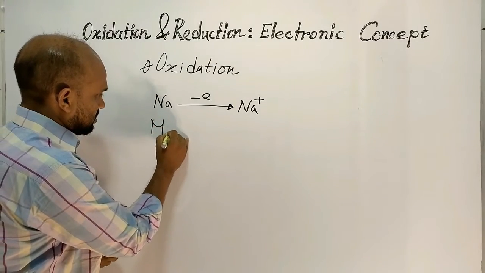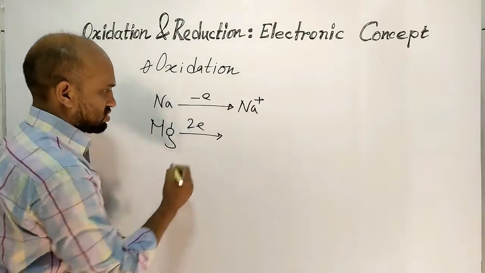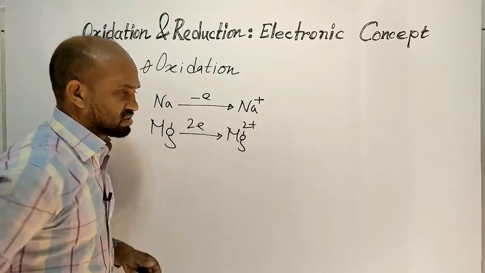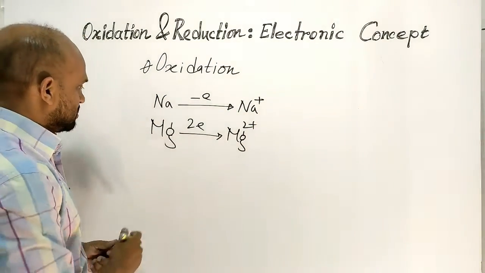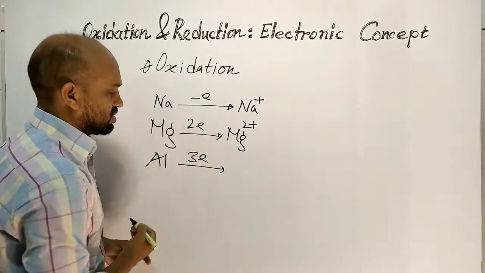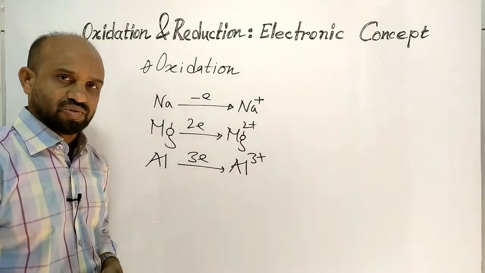Similarly, magnesium loses two electrons and magnesium 2 plus ion is formed. Aluminium loses 3 electrons and aluminium 3 plus ion is formed.